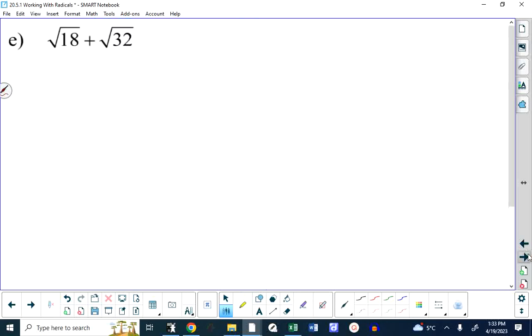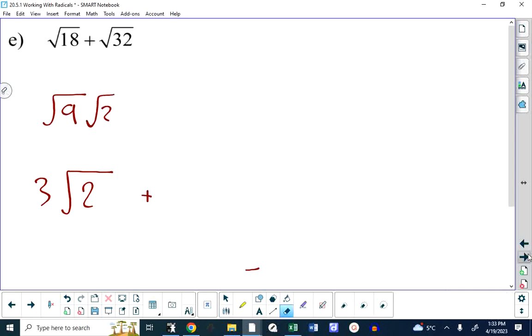All right. Root 18 plus root 32. Well, I don't want to push anybody here, and I do want you to understand that there's an amount of work that needs to be shown. But I think going from root 18 to 3 root 2 is not a difficult process. I'm not saying do everything in your head, but sooner or later you'll become more familiar with some of these. Because root 18 is root 9, root 2.